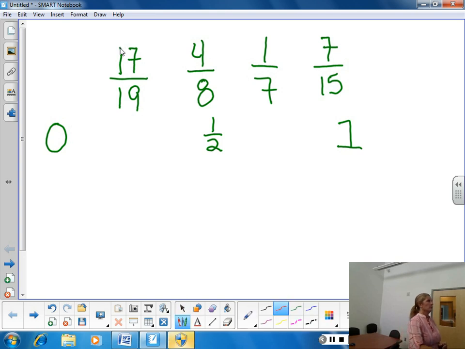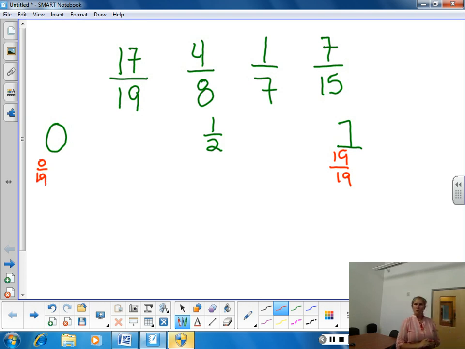So let's take the first one, 17/19. Well, 19 is the denominator and 17 is the numerator, and so we have 19 parts. To equal 1, we would need to have 19 19ths. That would be 1. And to have 0, we would have 0 19ths.